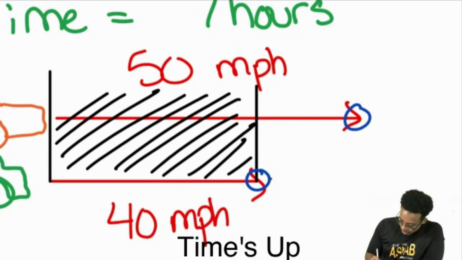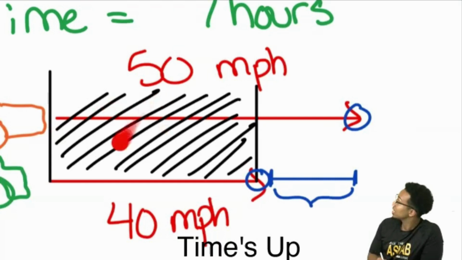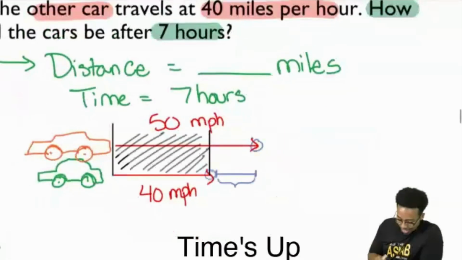So you're only counting the distance from here to here. That's all you care about, and because of that, this part needs to get canceled. That's exactly why we subtract the rates.